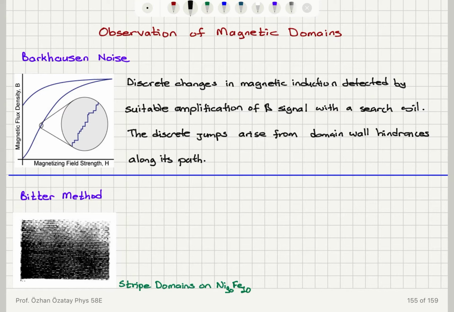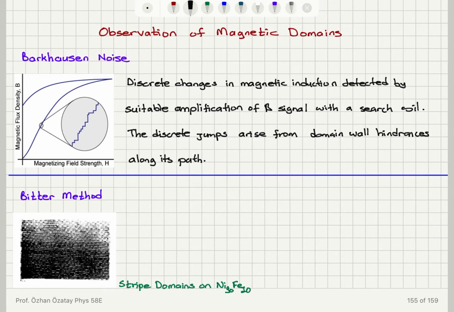And most recently, there have been ferrofluids, colloidal solutions of ferromagnetic particles in a carrier liquid, that are used for this purpose. In order to get a clean picture of the magnetic structure, we usually need to electropolish the surface to remove the strains that would reduce the size of the domains.